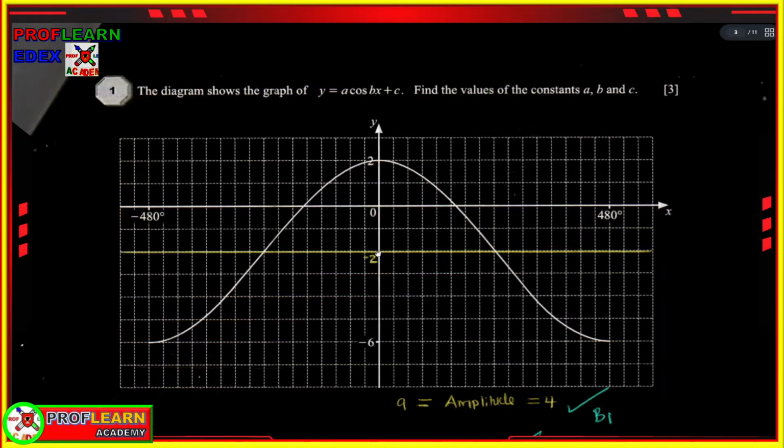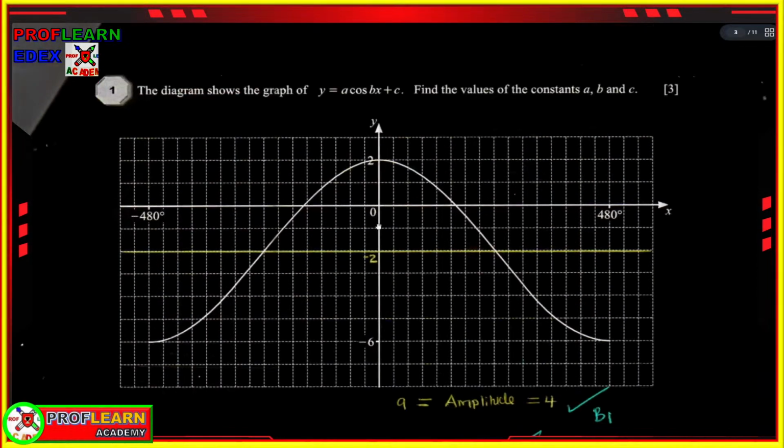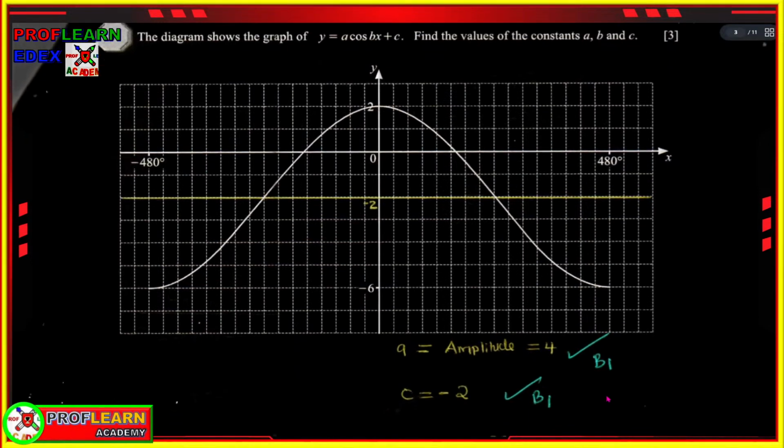Which will mean that the amplitude is going to be from -2 all the way to 2, which is going to be 4. This represents the amplitude, so which means our a is the amplitude, and our a is going to be 4. If you do that, you are going to earn 1 mark.